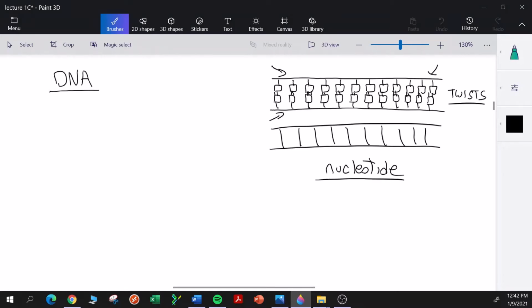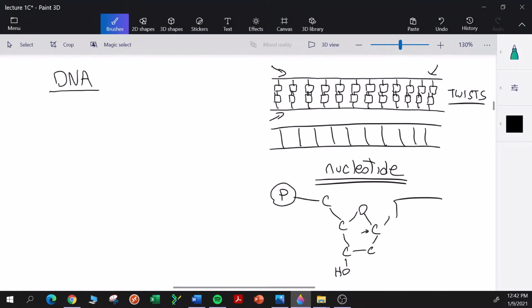Well, we are going to learn a lot about the structure of nucleotides, but a nucleotide is made up of a phosphate group, a 5-carbon sugar that looks something like this, and there's an oxygen in that 5-carbon sugar, and a hydroxyl group down there. And this carbon atom is attached to the nucleobase. And these are the nucleobases up here.